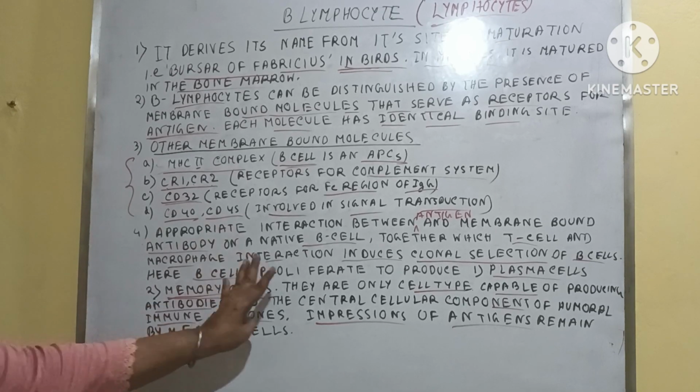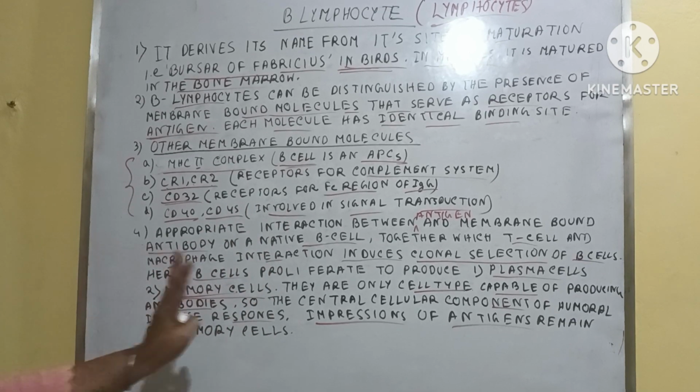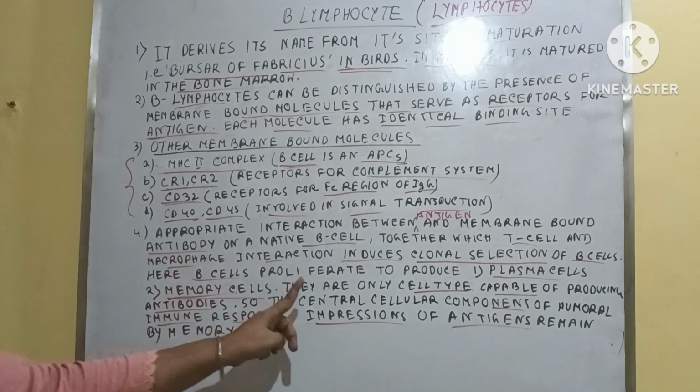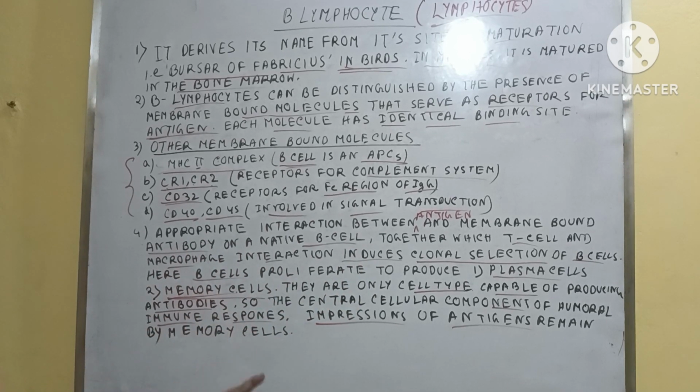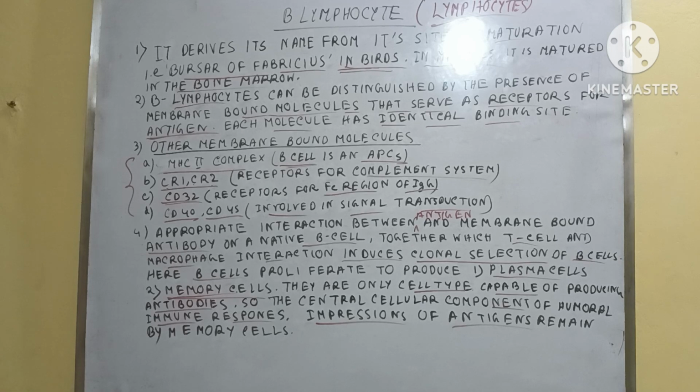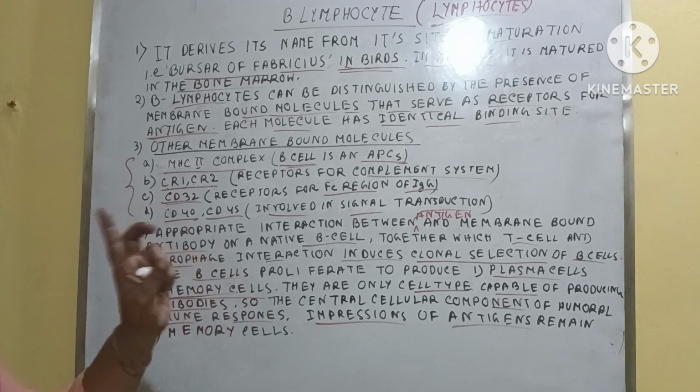Clear? So here two types of cells are produced from the B cell. One is the plasma cell and another is the memory cell. What is the plasma cell's function? Production of antibody is done by the plasma cells, by which the humoral immune response is possible. The second is the memory cell.